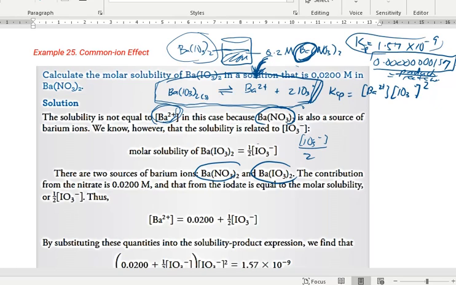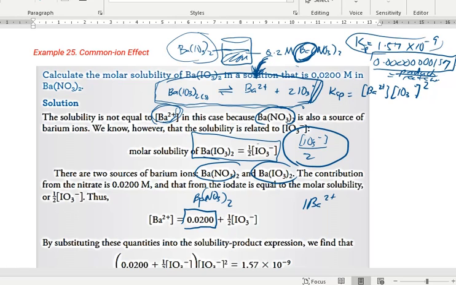Now, the contribution from the nitrate is 0.02 molar, and for the iodate, this is its contribution. So the concentration of barium 2+ will now be equal to 0.02 molar from barium nitrate plus 1/2 IO3 from barium iodate, which is the relationship we know: 1 barium 2+ corresponds to IO3/2, from the balanced equation. This is consistent because it is from the balanced equation.